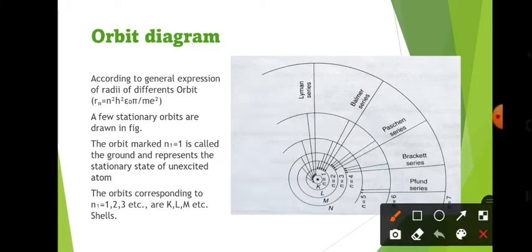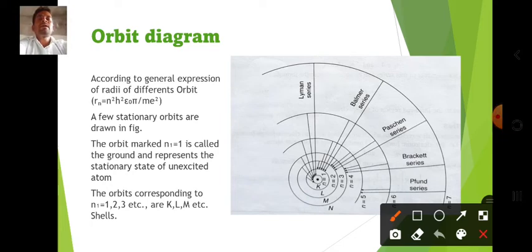Now let me come to the general expression for the radii of different orbits, right? See, this equation is already derived in Bohr theory. If you want to watch, I kept the previous video on YouTube also.